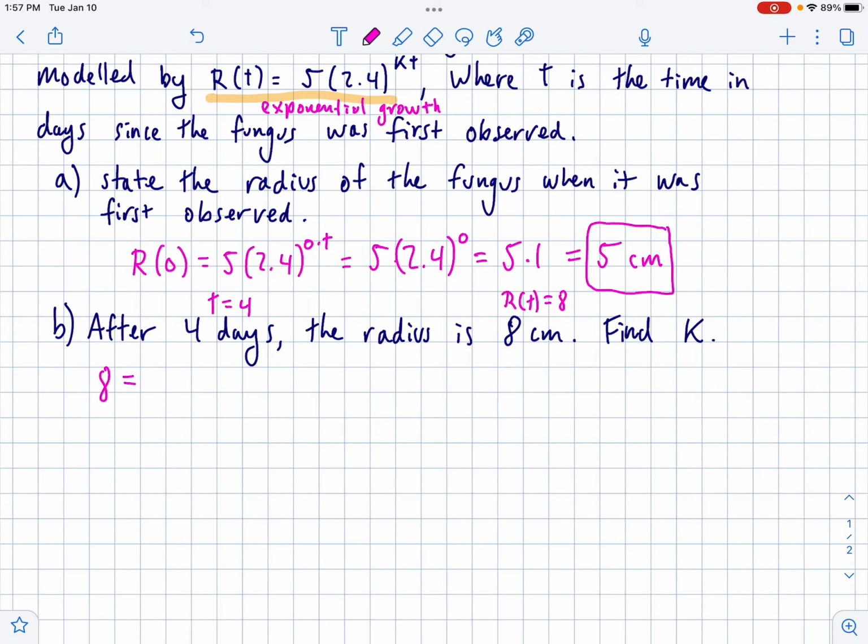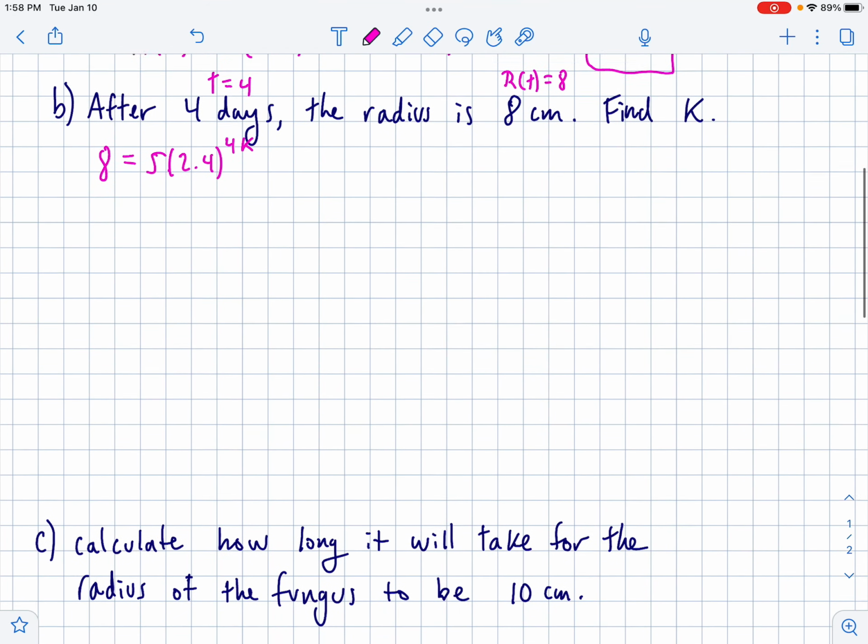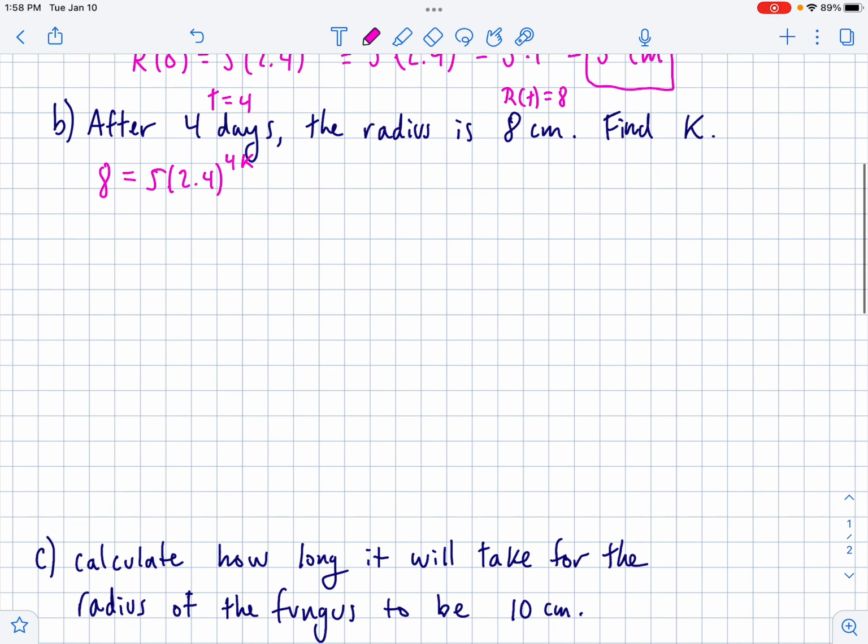We're going to say 8 is equal to 5 times 2.4 to the power of 4k. So we are going to solve this. The first thing we're going to do is divide both sides by 5. So you get 1.6 equals 2.4 to the 4k.